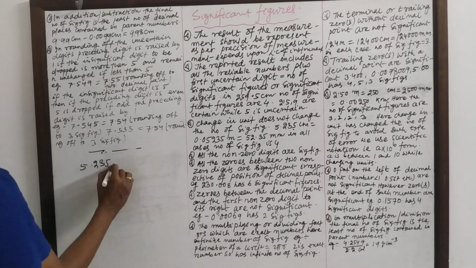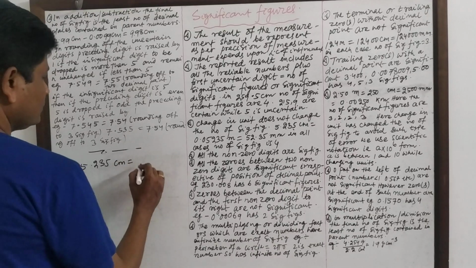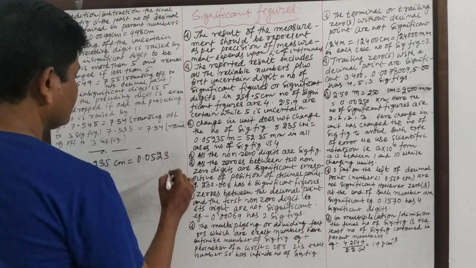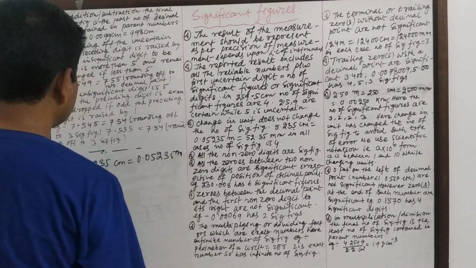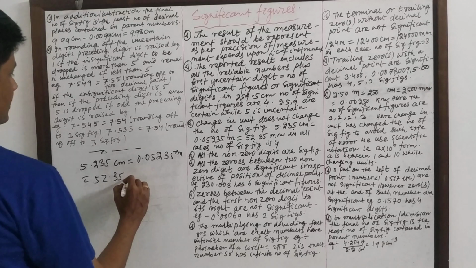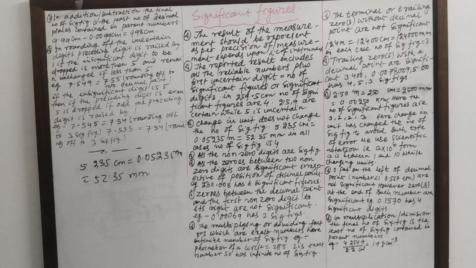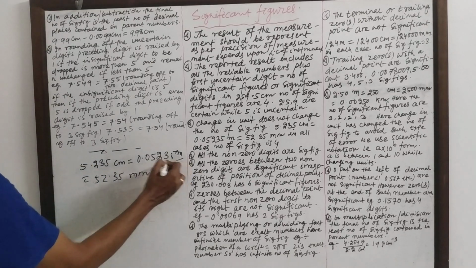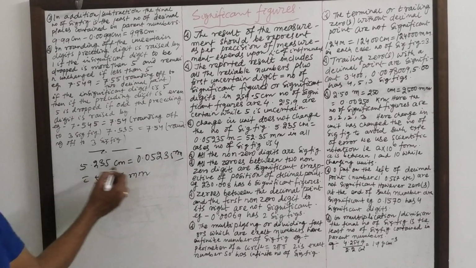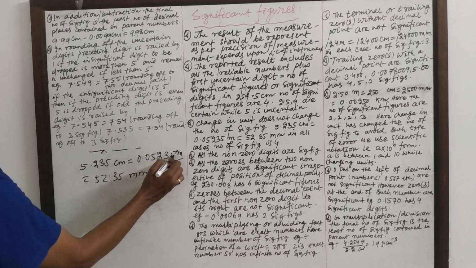Here, 5.235 cm, if you convert it into meters, we have to divide it by 100, so it becomes 0.05235 meter.